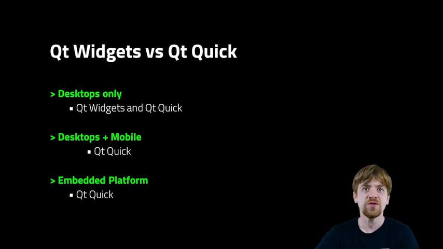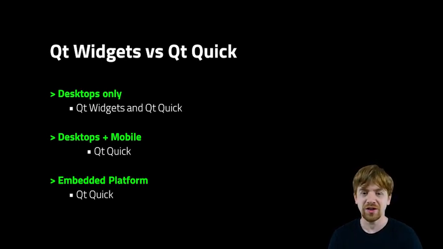If you take Qt from 25 years ago, we all know that all of our applications, when we talk about user interface, were for a PC with a keyboard and a mouse. And it was the aim and the beginnings of Qt and Qt Widgets. That's why we developed this technology 25 years ago.